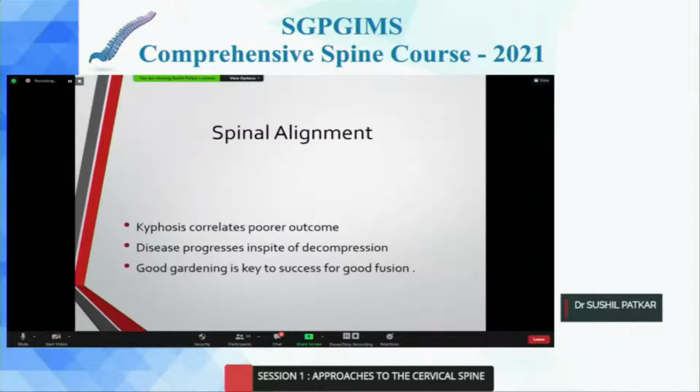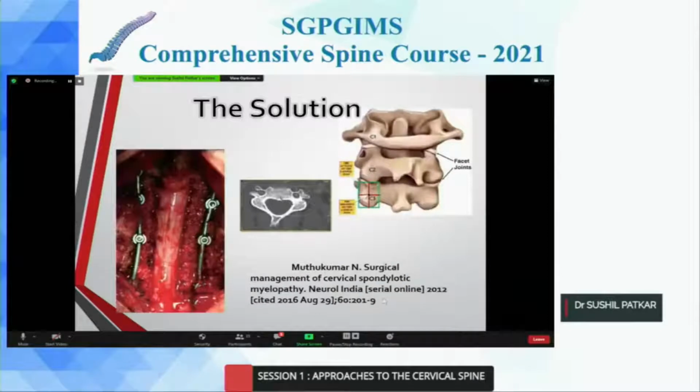Spinal alignment, kyphosis relates to poor outcome, disease progression occurs in spite of decompression, and therefore good alignment is the key for good fusion. And I'll draw your attention to my friend's work, Dr. Muthu Kumar in 2016, Neurology India, where I think at this point in time, a good decompression with reconstruction of the lordosis using lateral mass fixation is one of the best options if one is considering posterior surgery.